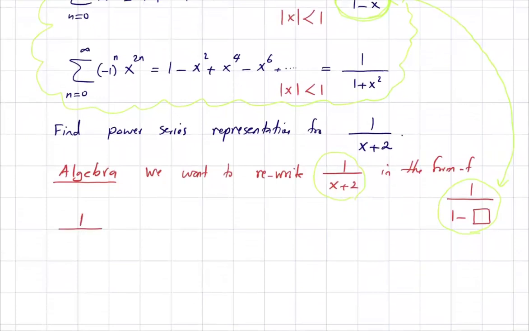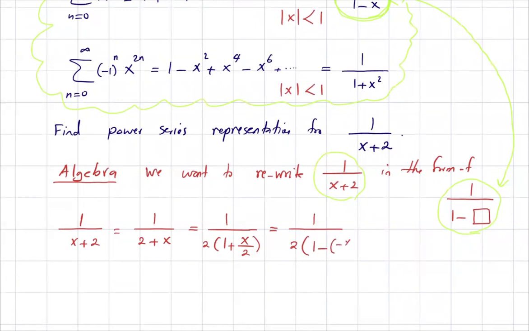First of all, 1 divided by x plus 2 is nothing but 1 divided by 2 plus x. If you factor out 2, you get 1 divided by 2 times 1 plus x divided by 2. But this is nothing but 1 divided by 2 times 1 minus parentheses negative x divided by 2.